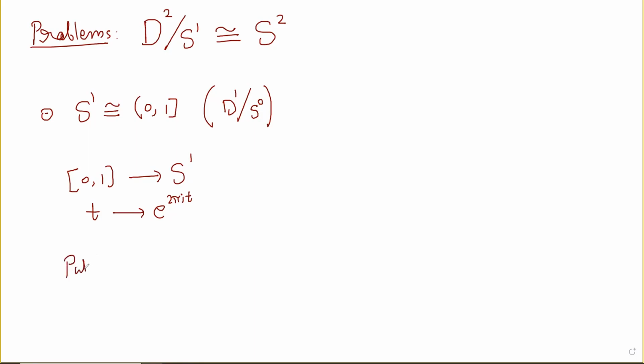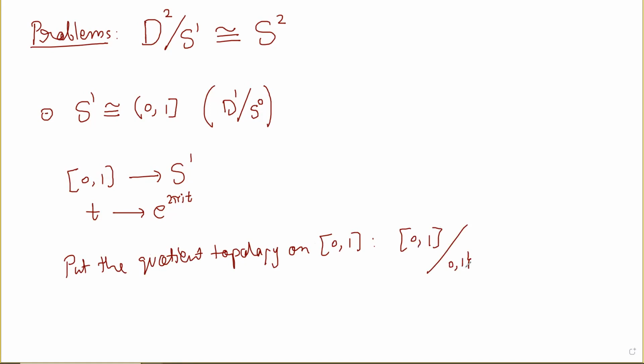Okay, so you put the quotient topology. And then how do you say that it becomes an isomorphism?